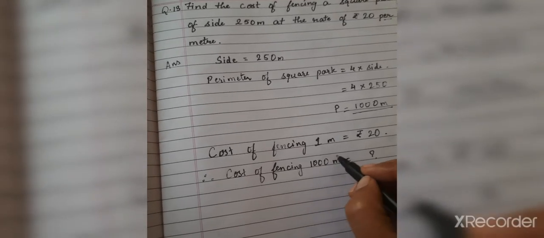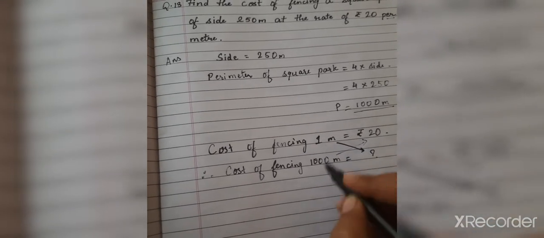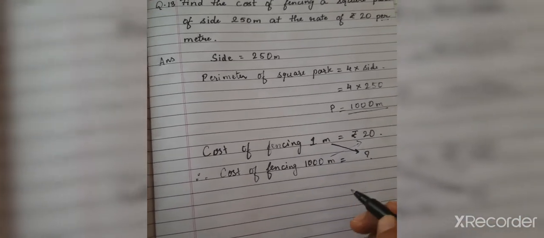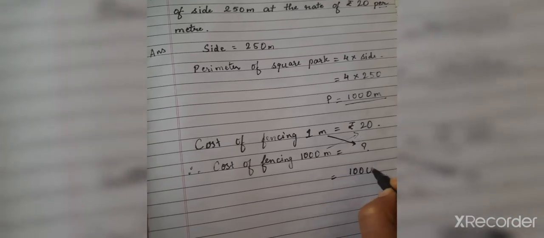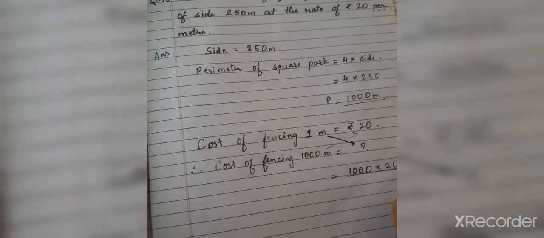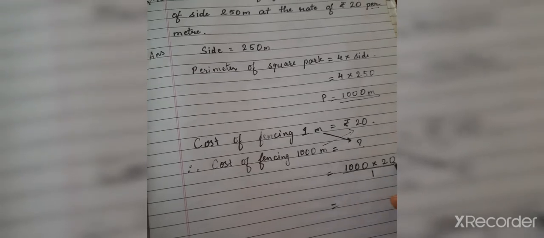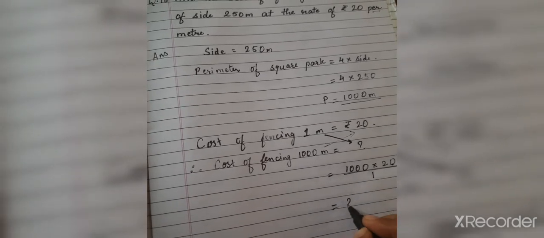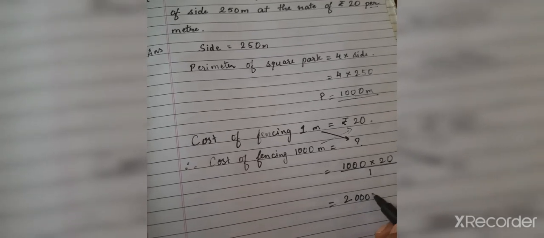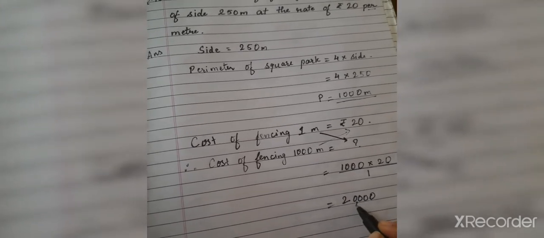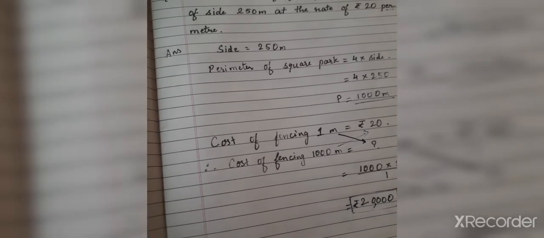So this 1000 will be multiplied with 20 and 1 will come down as a cross multiplication, which we have done in our previous classes. So 1000 multiplied with 20 and this 1 will come down, which has no value. So 1000 with 20, so 2 ones are 2, then 3 zeros of 1000 and 1 zero of 20. So total 20,000 rupees it requires. Understood?